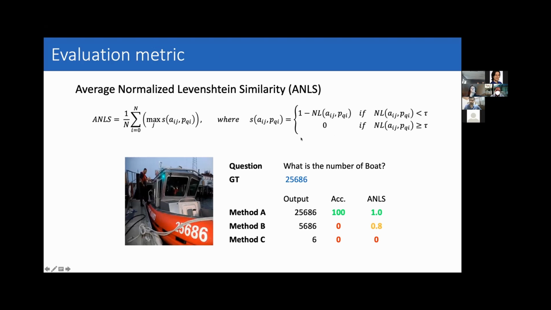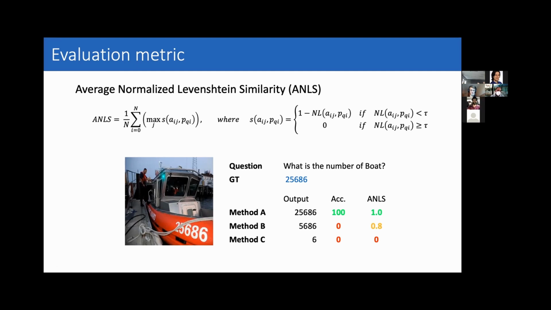As an evaluation metric on this task, we use the average normalized Levenshtein similarity, which at the end is a normalized sum of similarities between the prediction and the correct answers. It's easier to understand with an example: if the question is which is the number of votes and the number is 25,686, the good thing about this metric is that it tracks accuracy but smoothly penalizes OCR recognition errors.